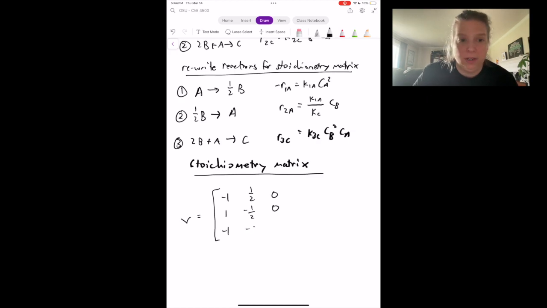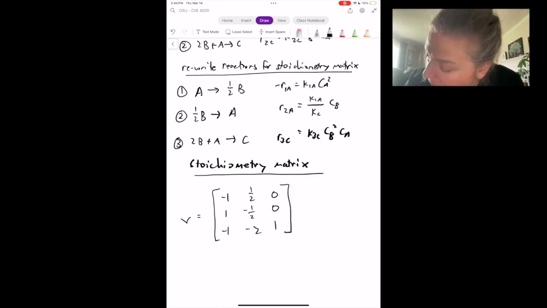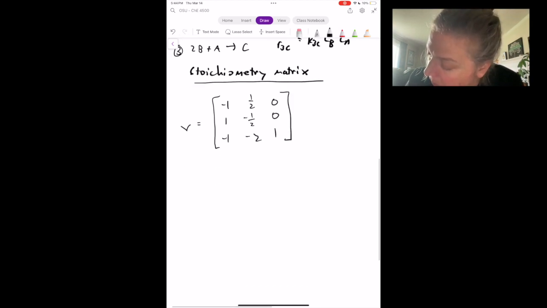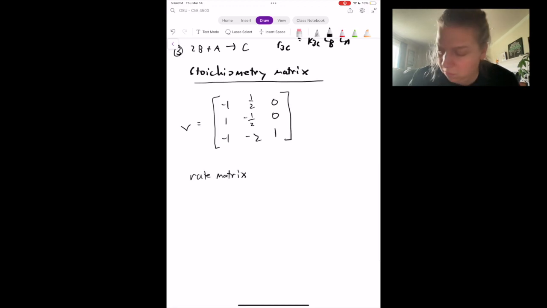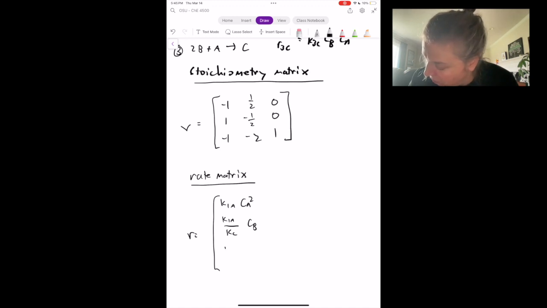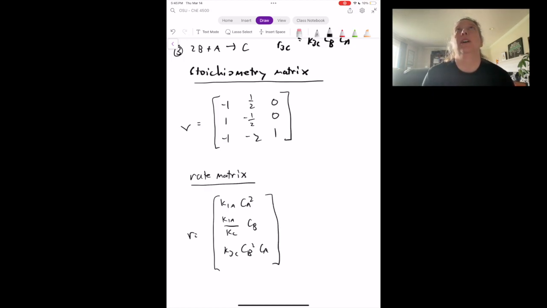And then I can also write my rate matrix. And so now I have the information that I need to put into Python. So I'll go over there next.